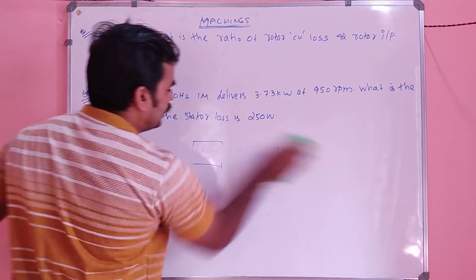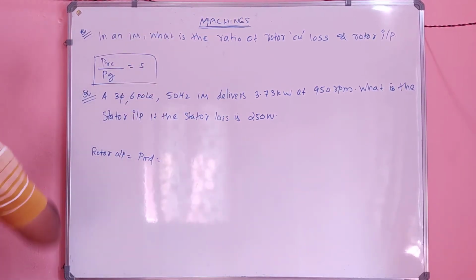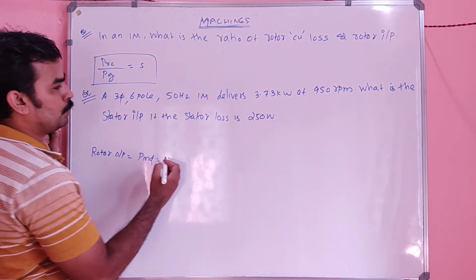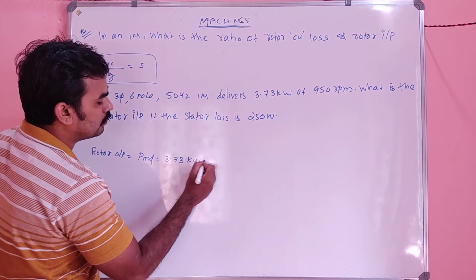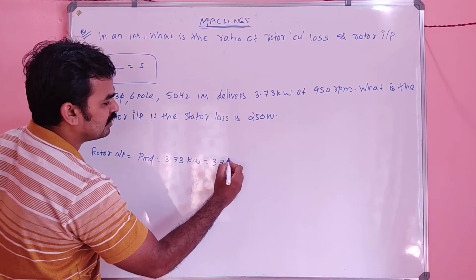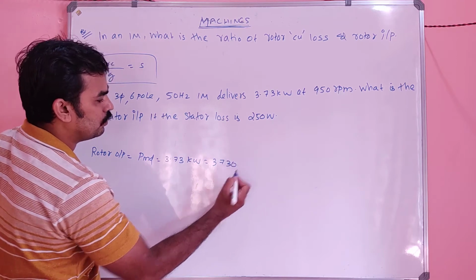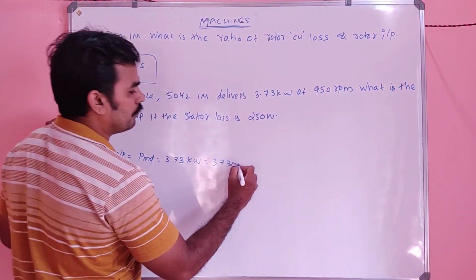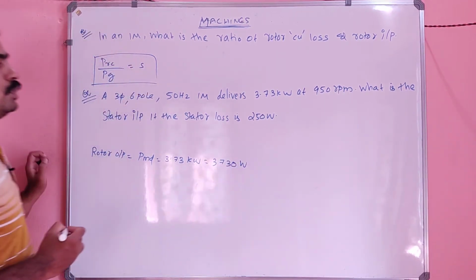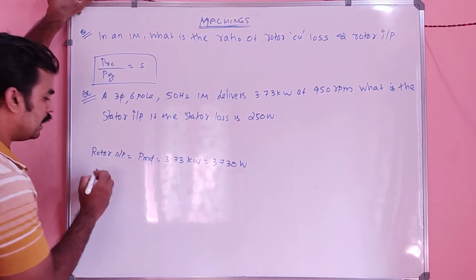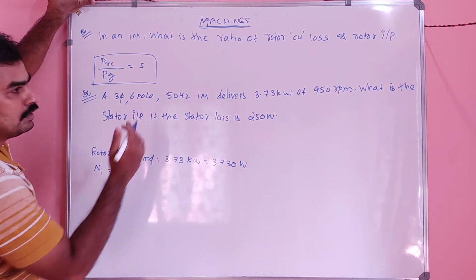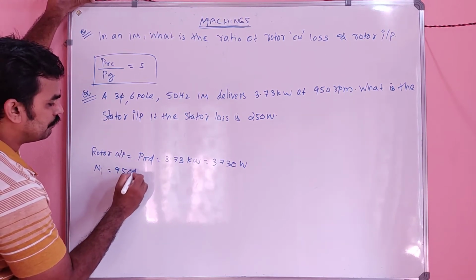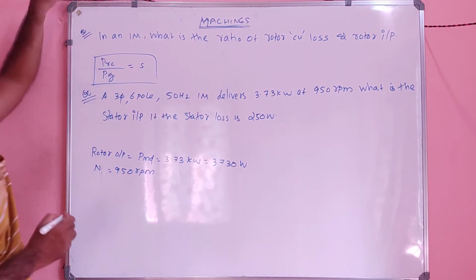So that is 3.73 kilowatt, or 3730 watts at 950 RPM. So N_R, or simply N, will be 950 RPM.